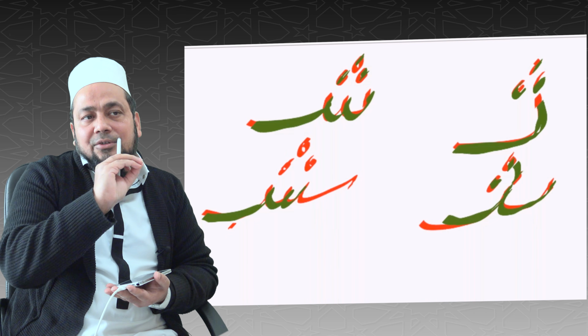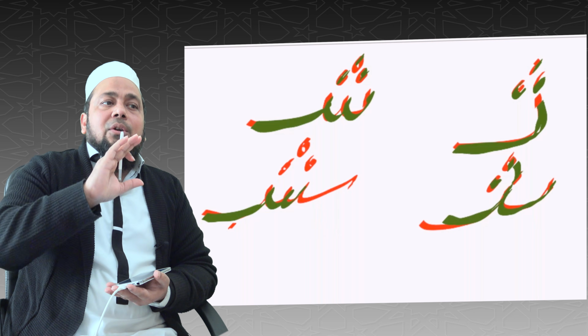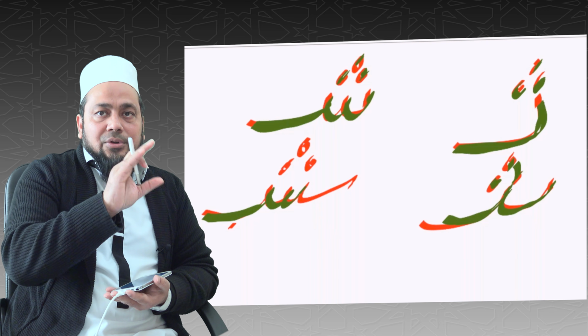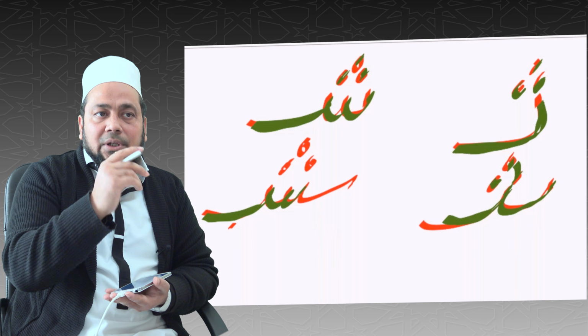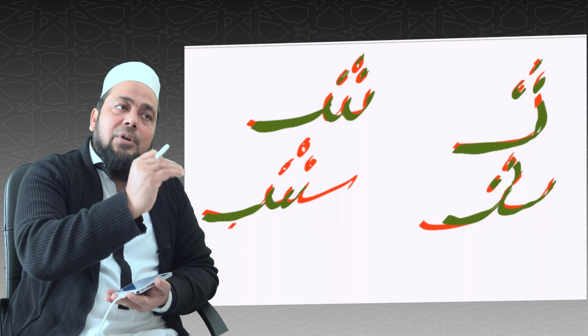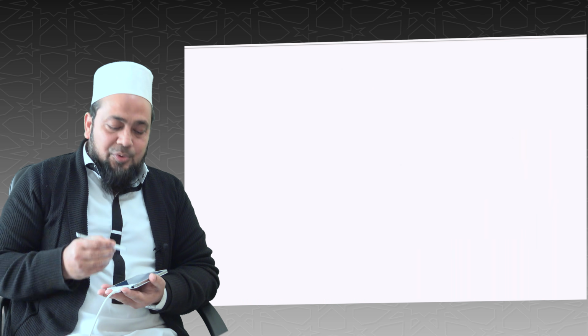If you can remember this small thing, you won't be confused, inshallah. Only difference is both of the letters have three dots on the top, only one line for Tha and three lines for Shin. This is the difference. Let's move on to the next letter.